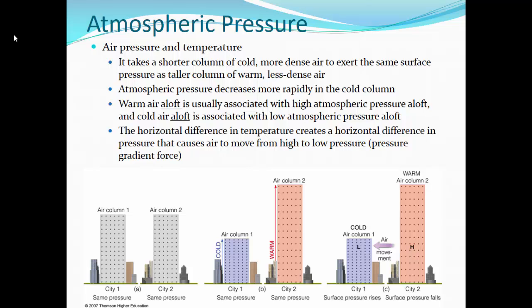Because there's a pressure gradient, air is pushed from high pressure to low pressure, and that is the air movement in the upper levels. So warm air aloft is usually associated with high atmospheric pressure aloft, and cold air aloft is associated with low atmospheric pressure aloft. The horizontal difference in temperature creates a horizontal difference in pressure that causes air to move from high to low pressure along the pressure gradient force.